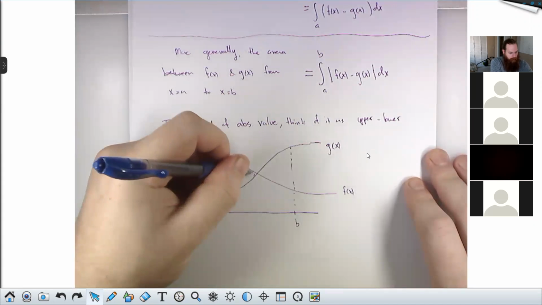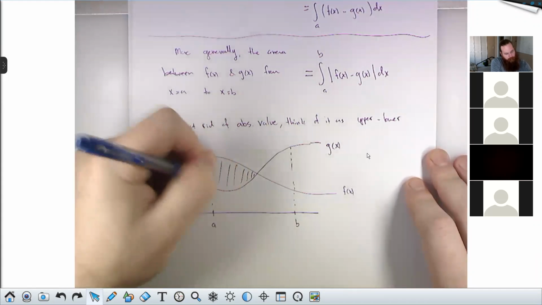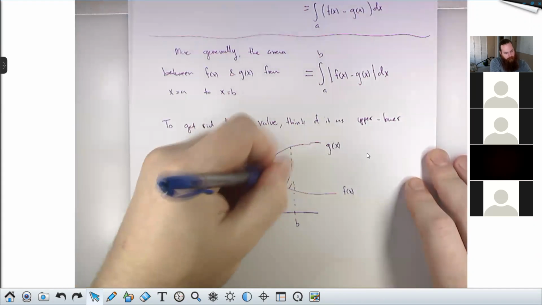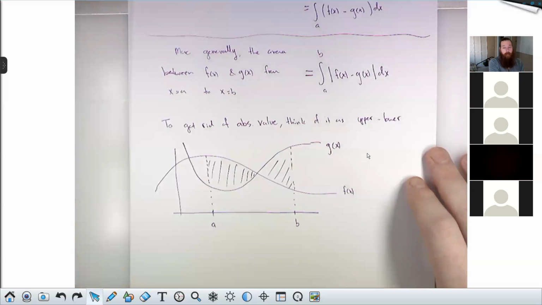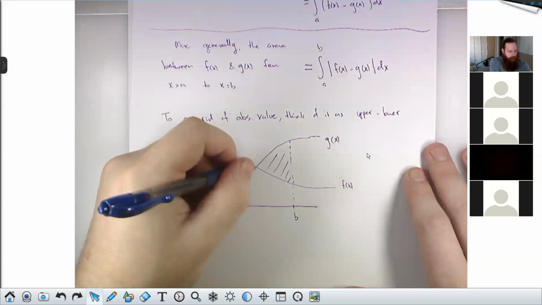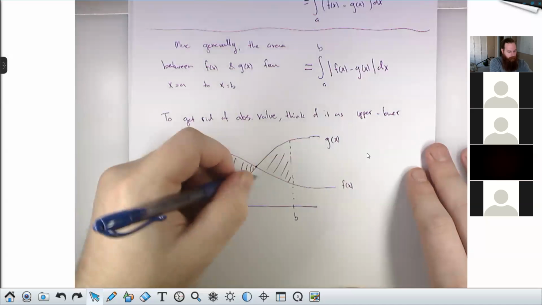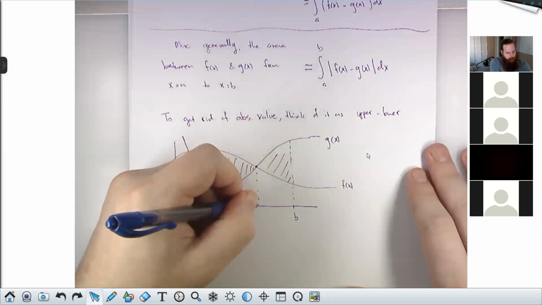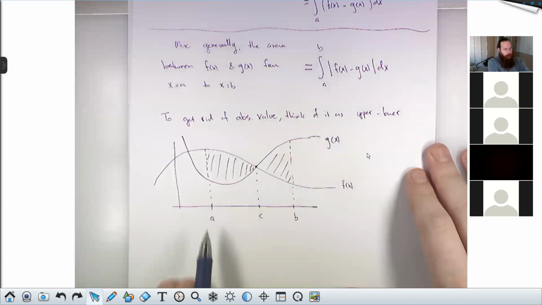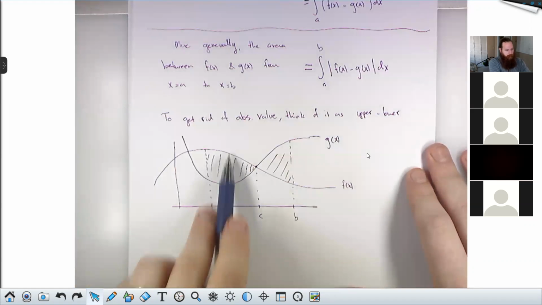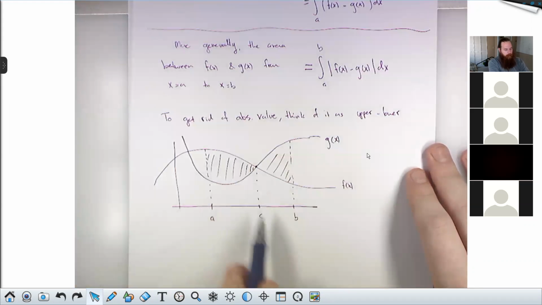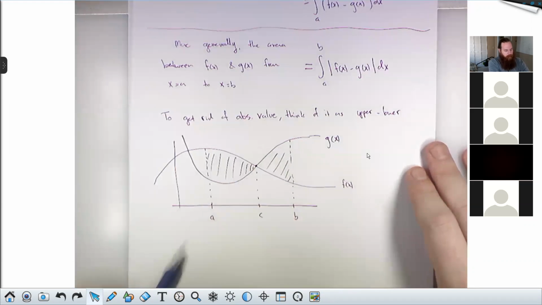Part of the time, F is the upper, and part of the time, G is the upper. So what you have to do is find this intersection point here, this place where they crossed. You'll integrate from A to C, the upper minus the lower, which there is F minus G. And then you'll integrate from C to B, the upper minus lower there, which is G minus F.